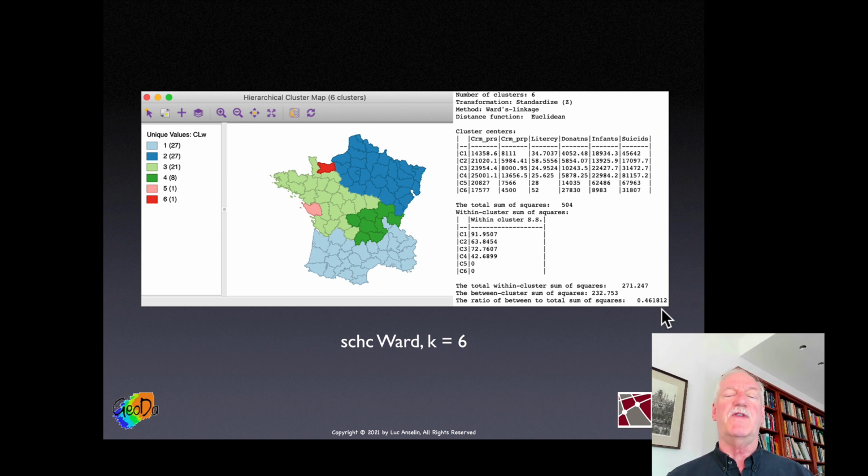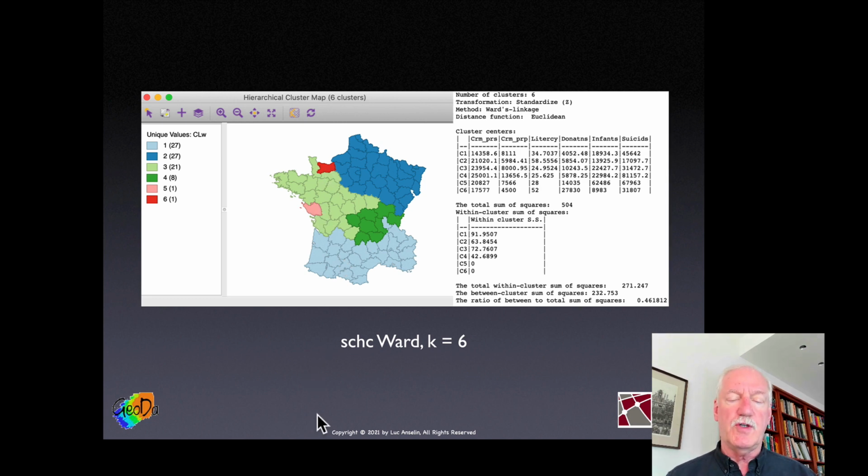So if the initial result was already contiguous, then it doesn't make any difference. But typically that will not be the case, as in our example, it's clearly not the case. So therefore we pay a price for imposing the constraint in terms of a lesser goodness of fit. And here in this example, we see 4 very nicely formed regions and then 2 singletons.